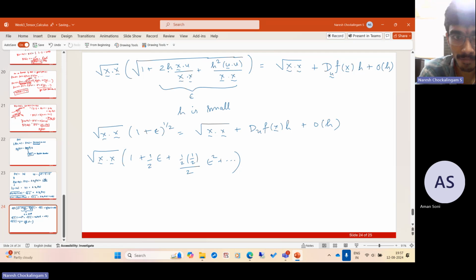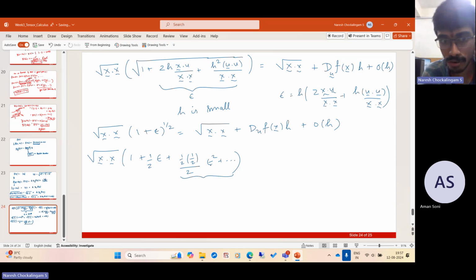What is epsilon? Epsilon is h into 2 x dot u by x dot x plus h u dot u by x dot x. So these higher order terms are all proportional to h square, so these terms can be absorbed into this O of h.